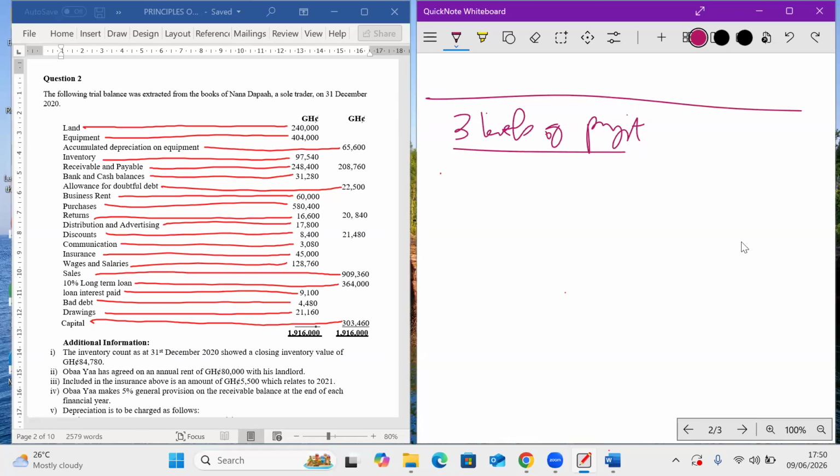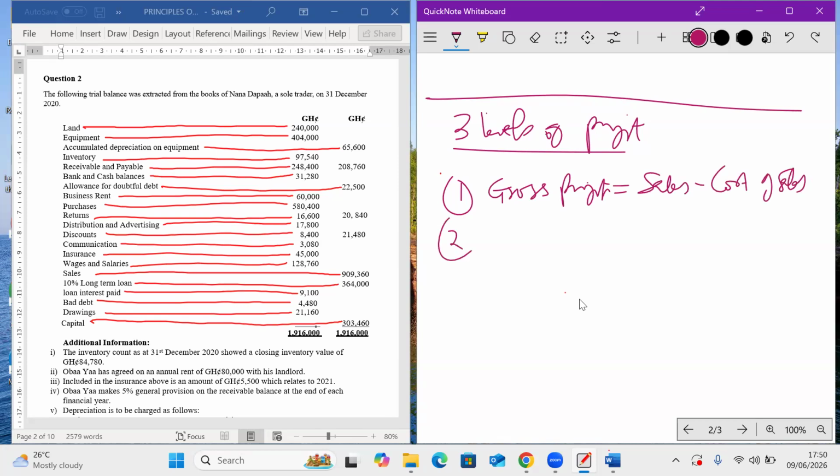And the 3 levels of profits, the first one, we are going to prepare the gross profits. And that is, we will find sales minus cost of sales.